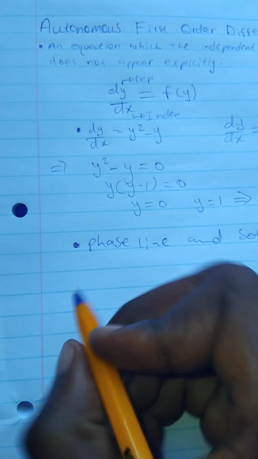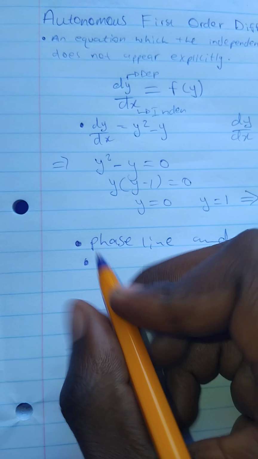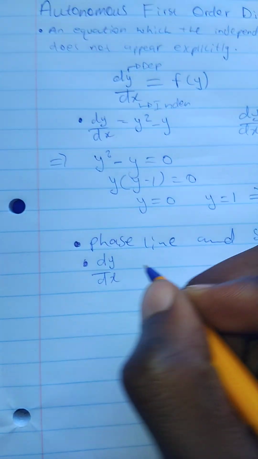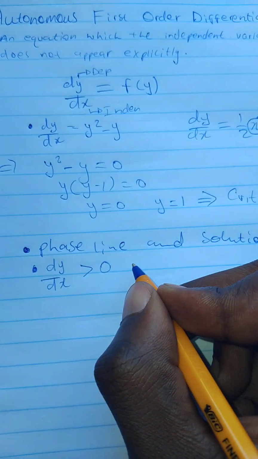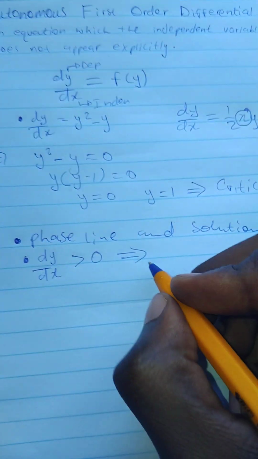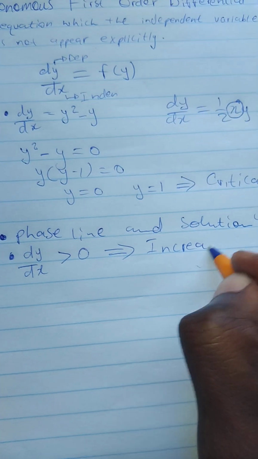Okay, so there are a few things that we have to keep in mind. Remember that if our derivative is greater than 0, meaning positive, it implies that our function is increasing, isn't it?